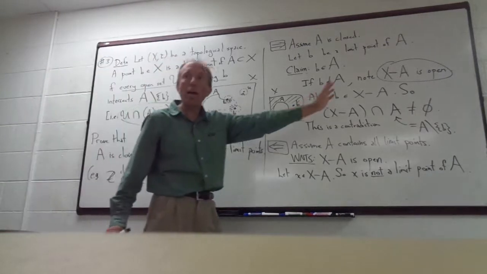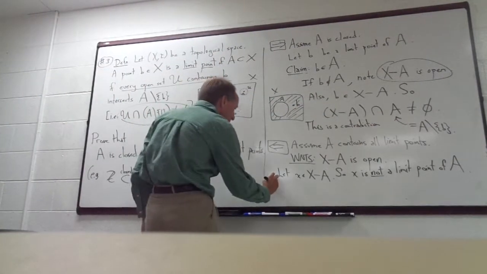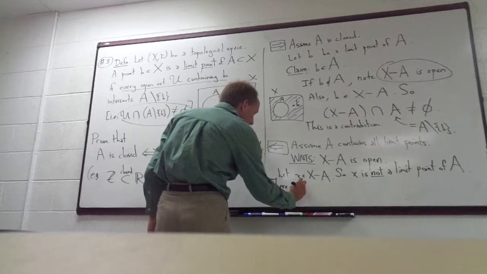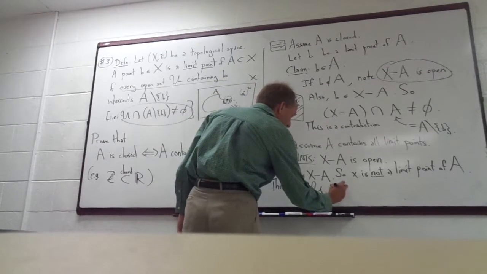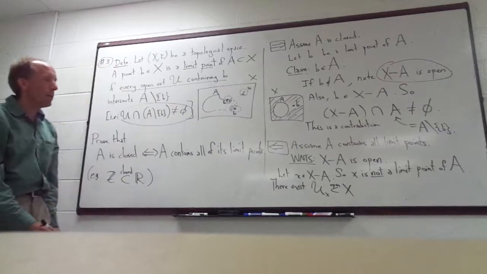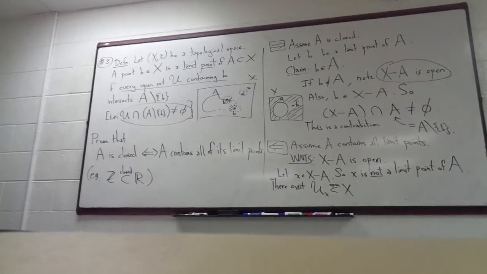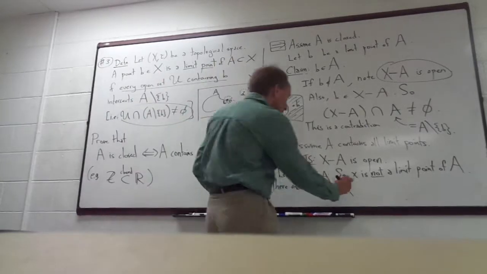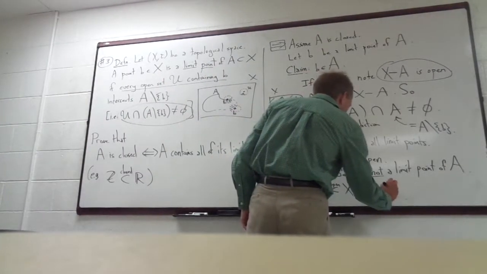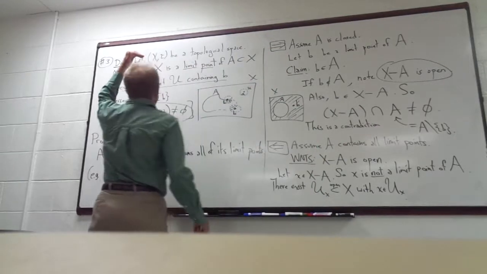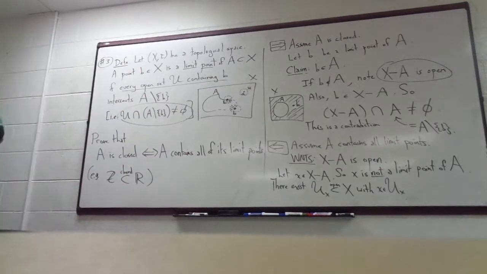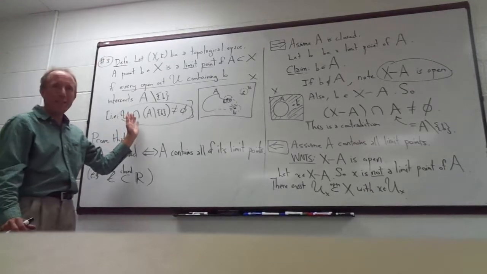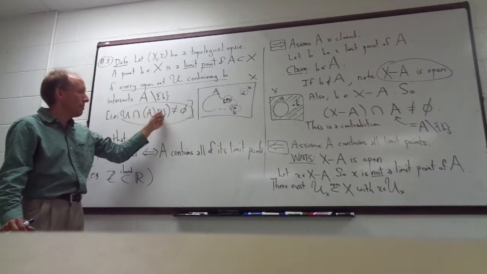But if something is not a limit point, then there exists some open set, I'm going to call it u sub x, an open set in this topological space with x inside of u sub x, but which does not intersect with capital A minus that point.